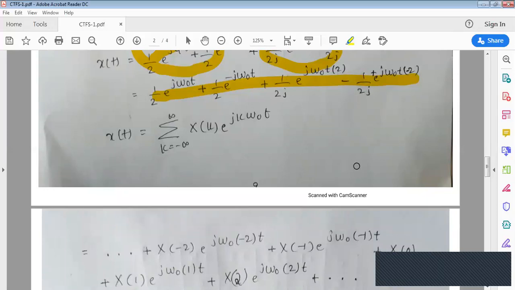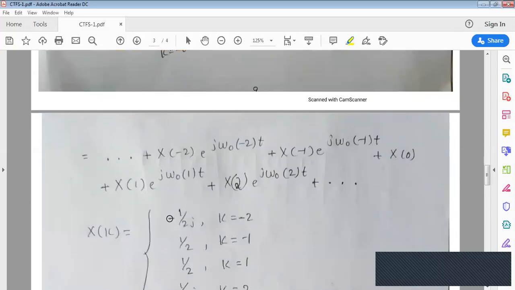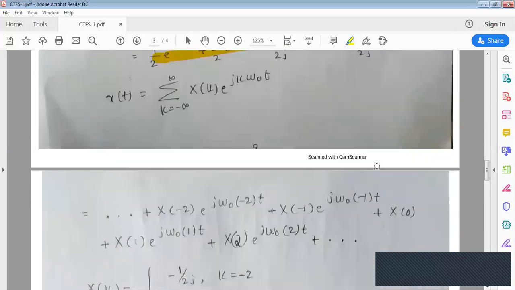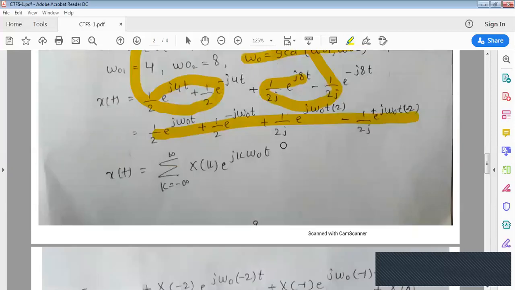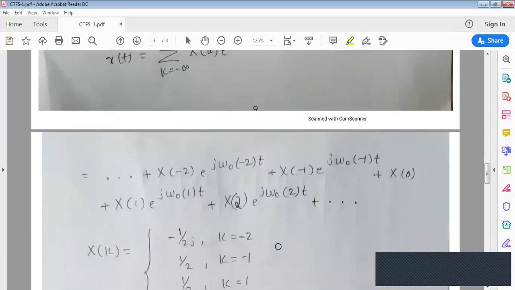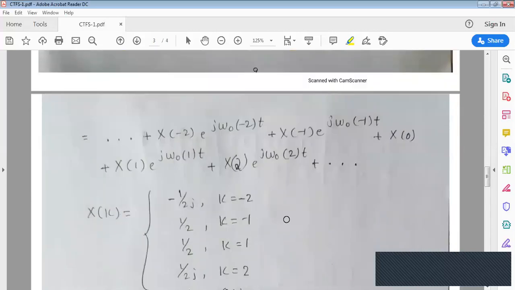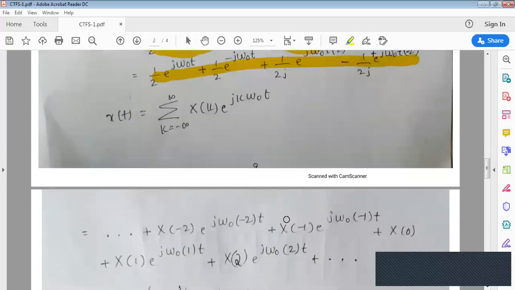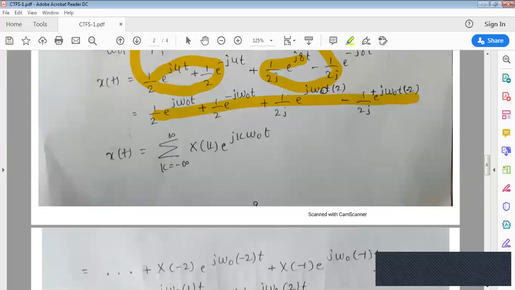So writing the coefficients, x of minus 2 is nothing but minus 1 by 2j. Next, what is x of minus 1? X of minus 1, the coefficient of e power j omega naught into minus 1 into t, is equal to 1 by 2. So I'll write 1 by 2 here, k equal to minus 1. Similarly, when k equal to plus 2, it is 1 by 2j.